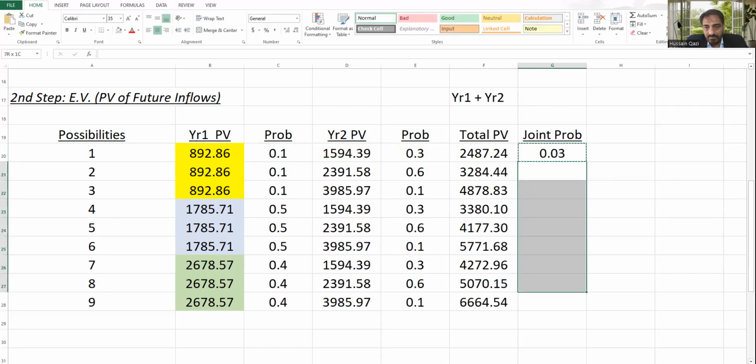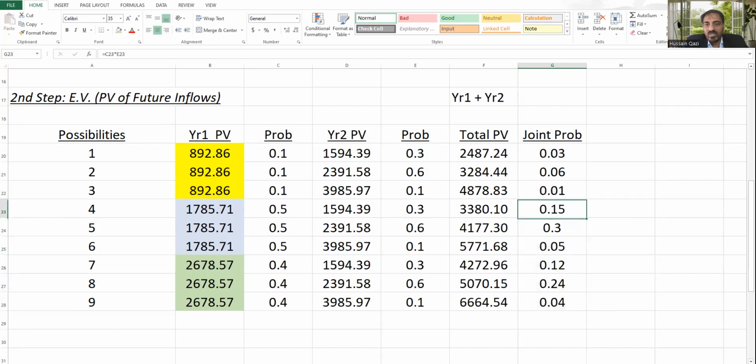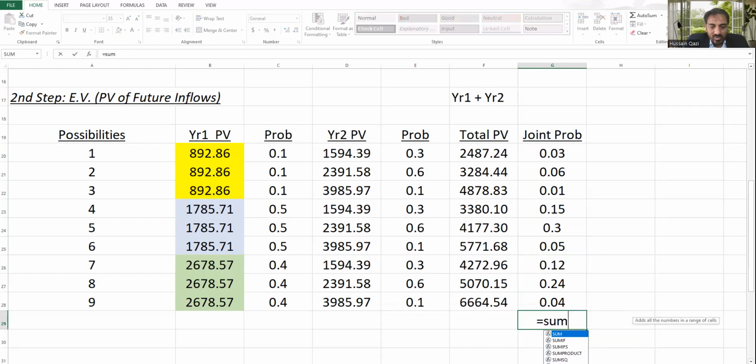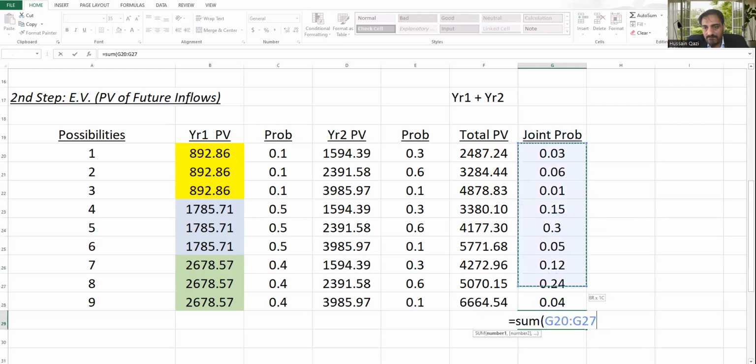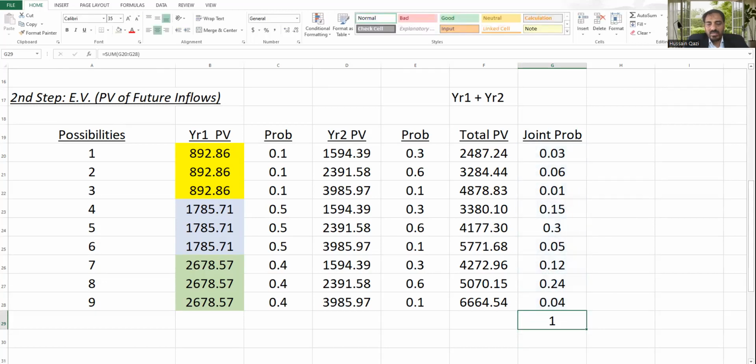Control C, Control V. These are the joint probabilities. And of course, the joint probability sum should be 1. But no need to prove that. This is the joint probability.